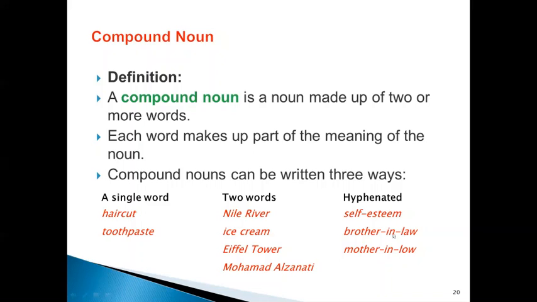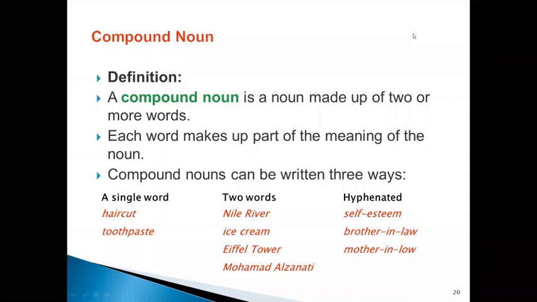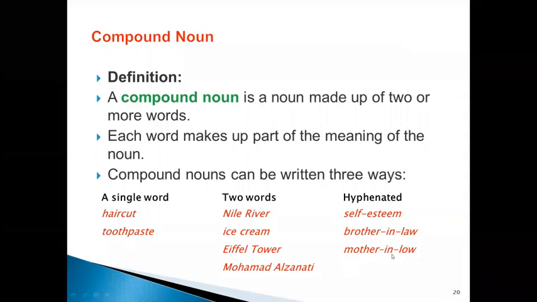Brother-in-law, it's written like this: brother hyphen in hyphen law. Mother-in-law, mother hyphen in hyphen law. So here we combine three words together.